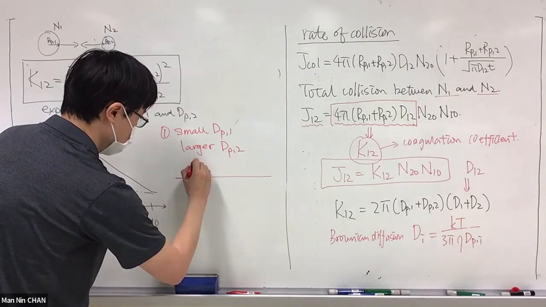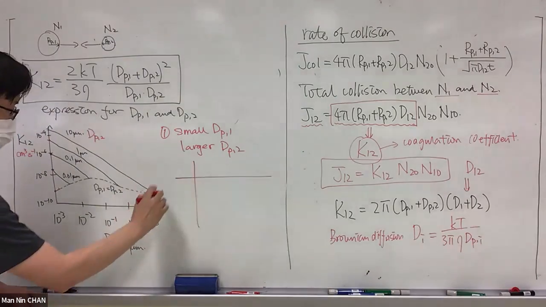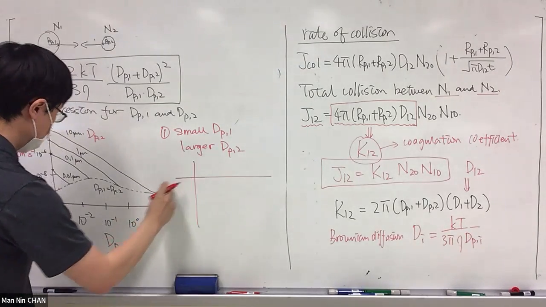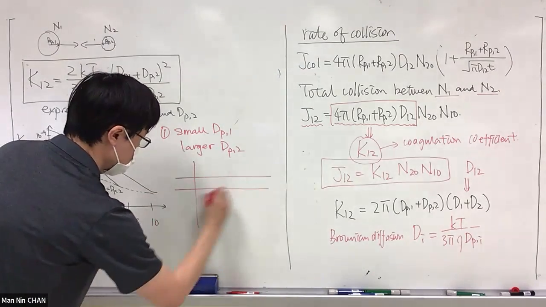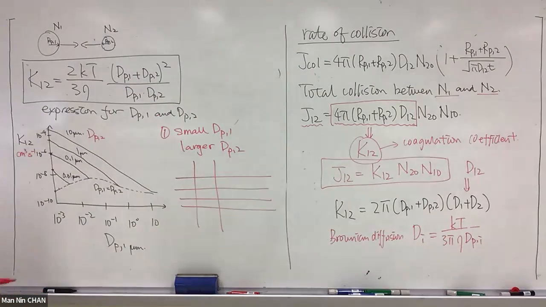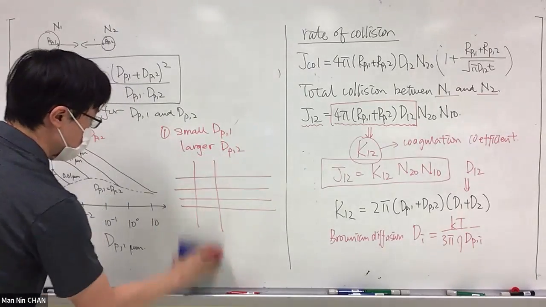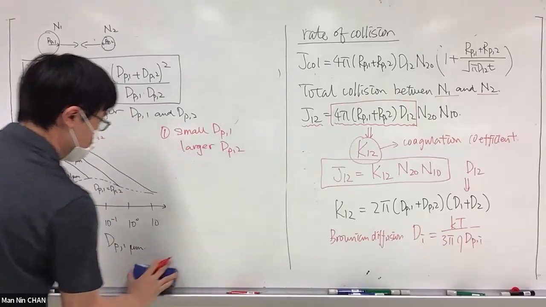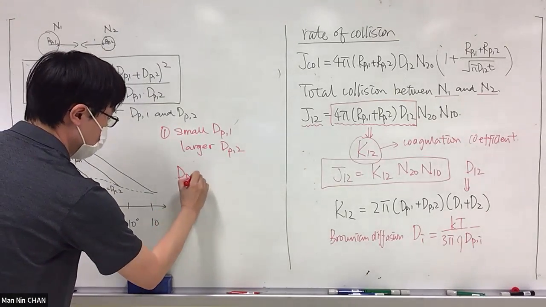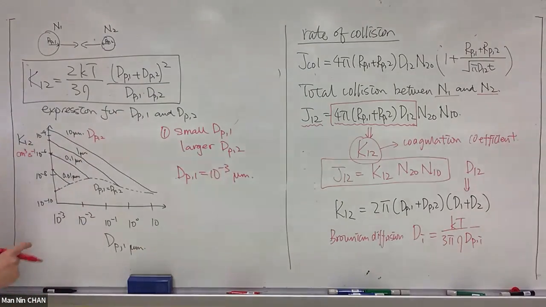maybe I would say this is dp1 with a different size. I'm not sure how to present, but you can see if I fix my dp1 at 10 to the power minus 3 micron, okay.